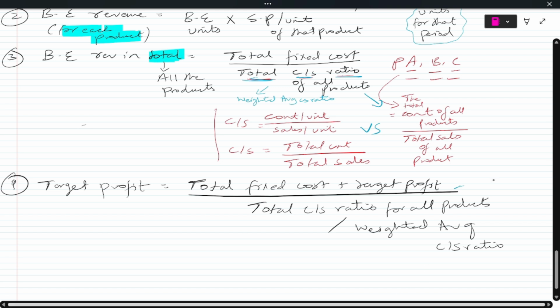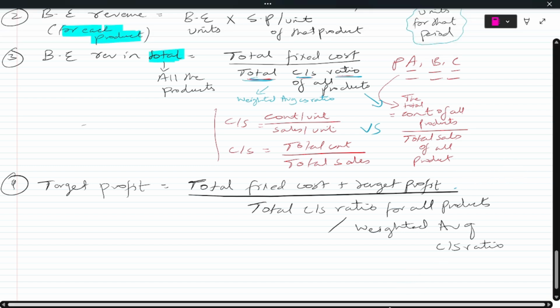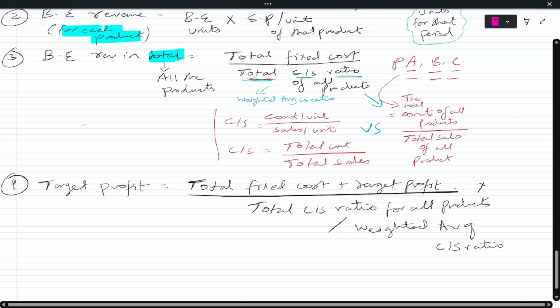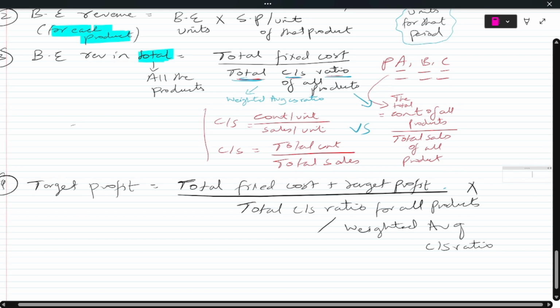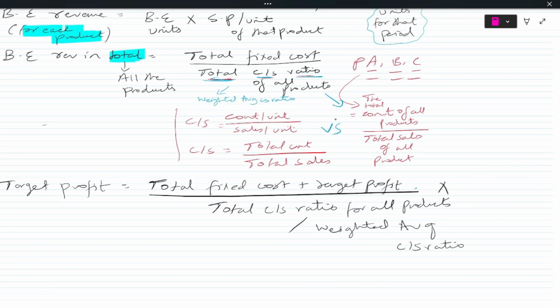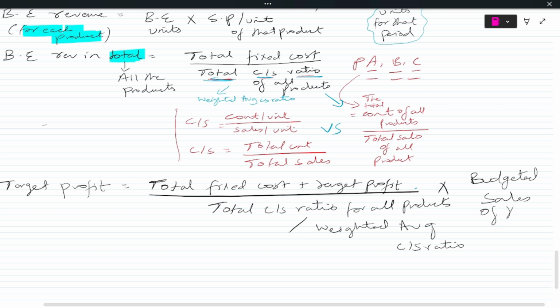And then the new thing that comes over here is that you have to multiply it with budgeted sales of that period.